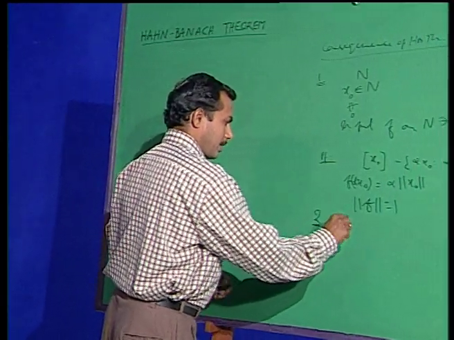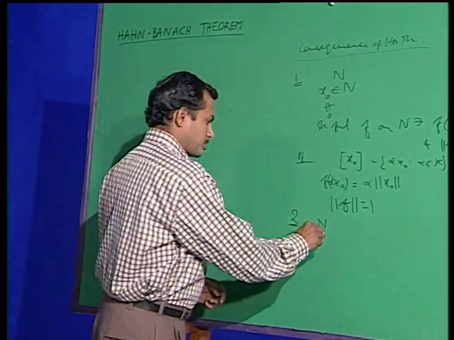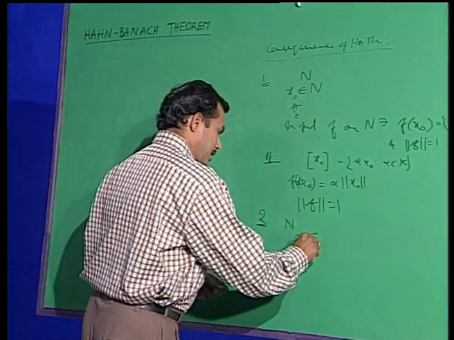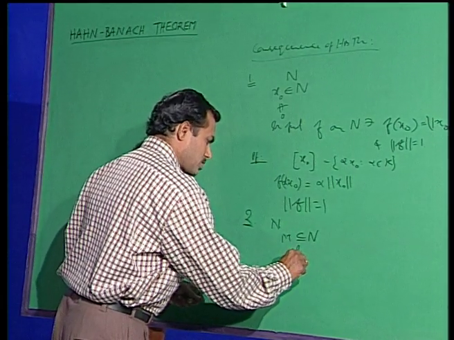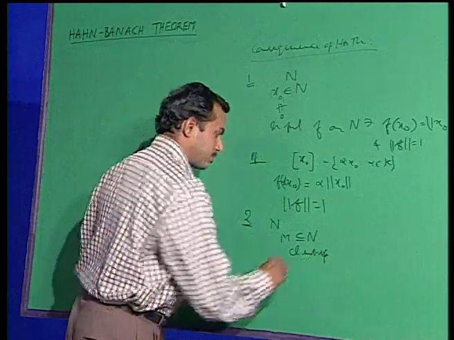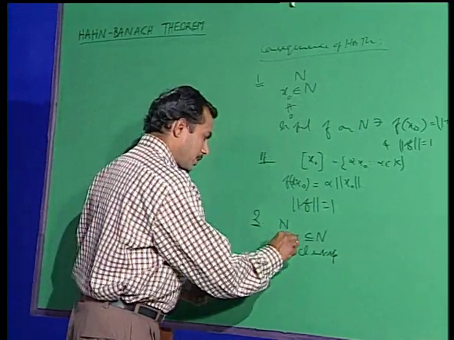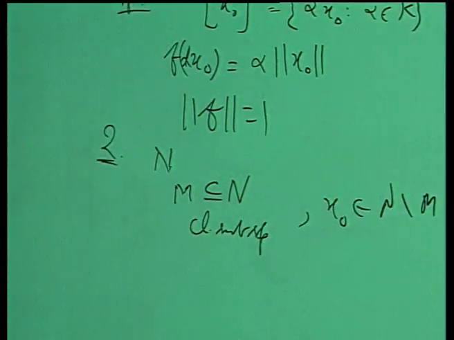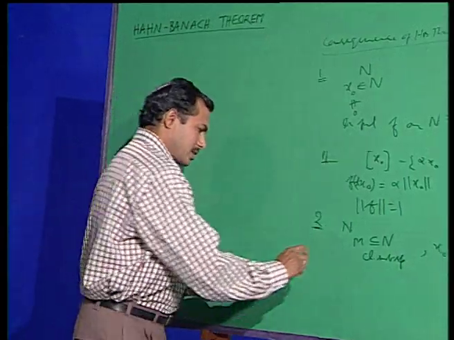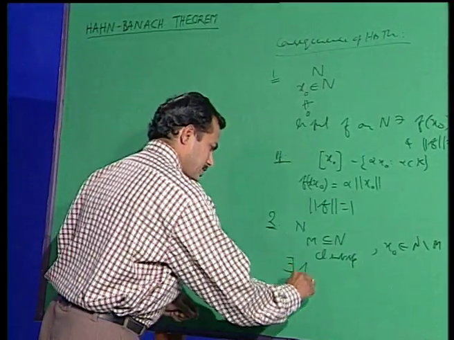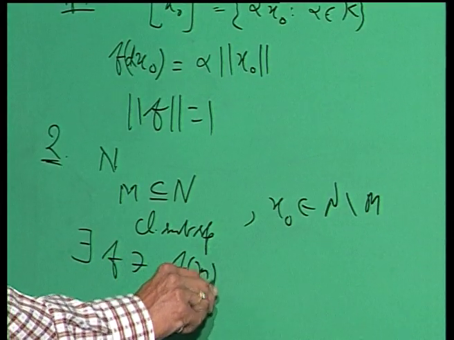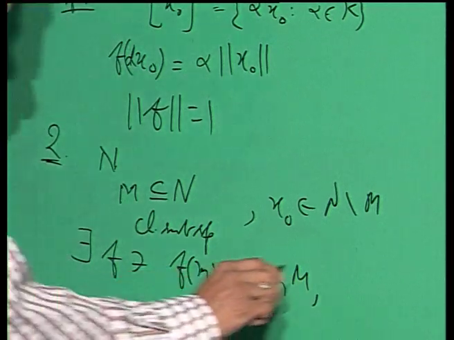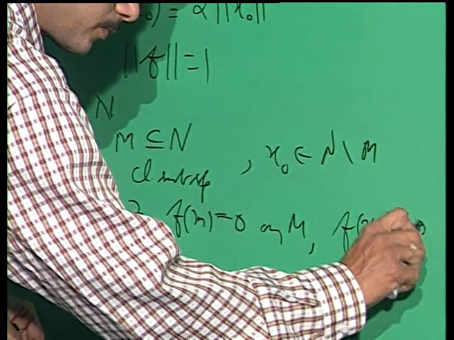Let N be a normed linear space over the set of real numbers or complex numbers, and let M be a closed subspace of N, and let x naught be coming from the complement of M. Then one can show that there exists a linear functional f such that f of m is equal to 0 for small m coming from M, and f of x naught is not equal to 0.